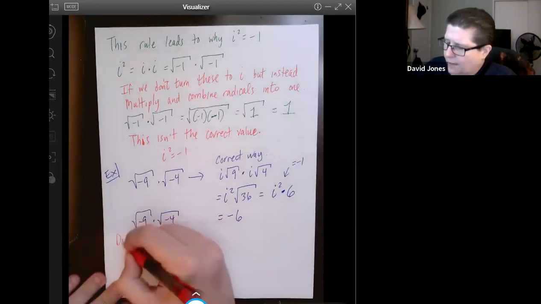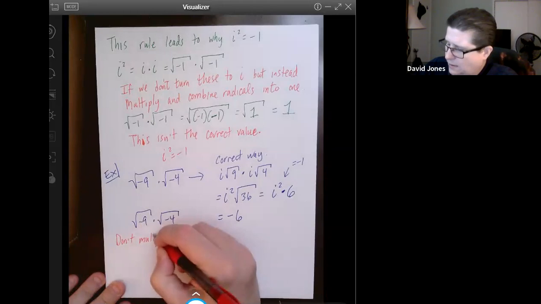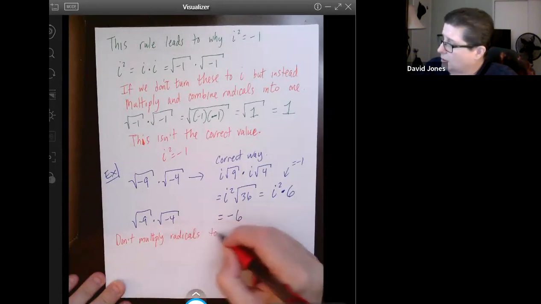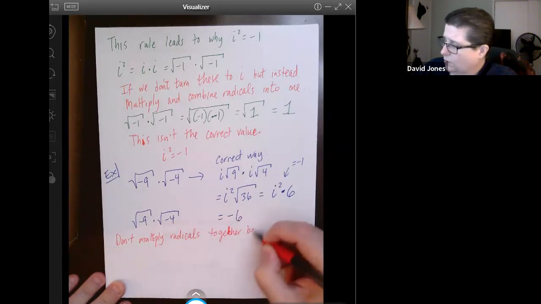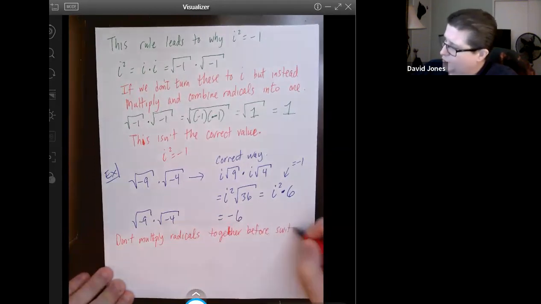Don't multiply the radicals together first before switching the negative to an i.